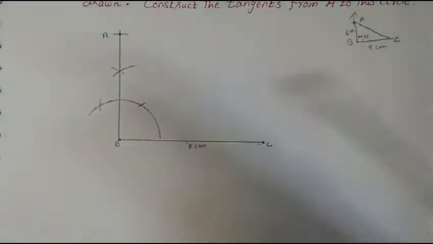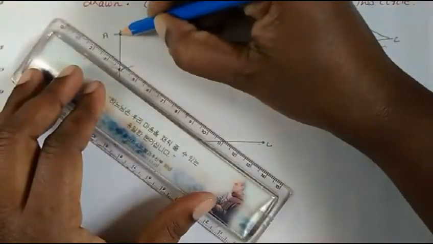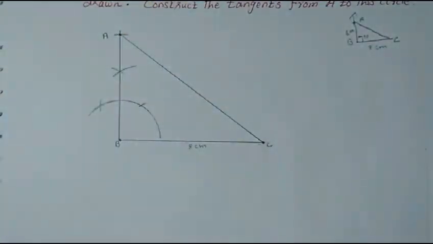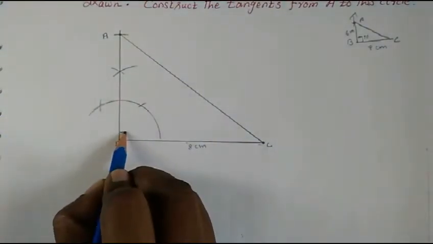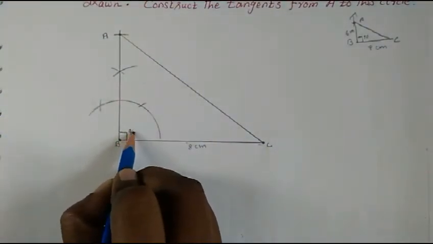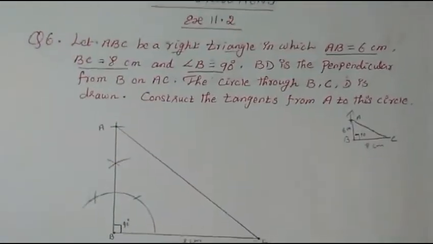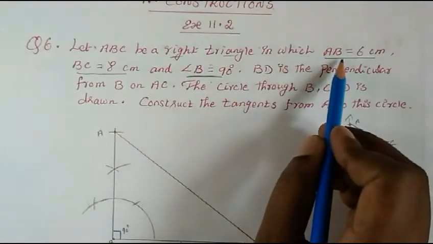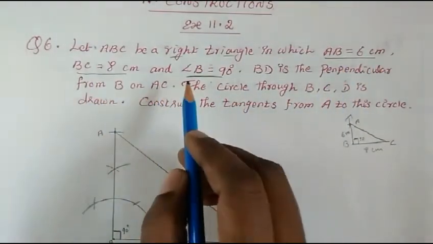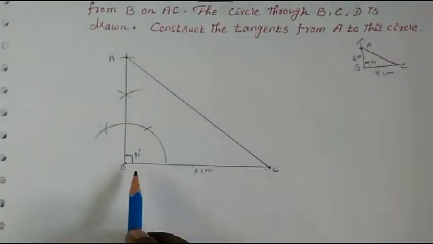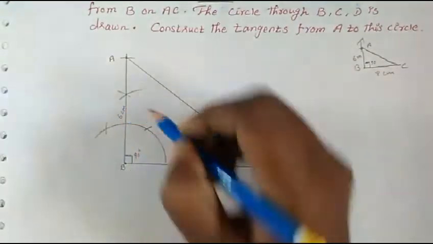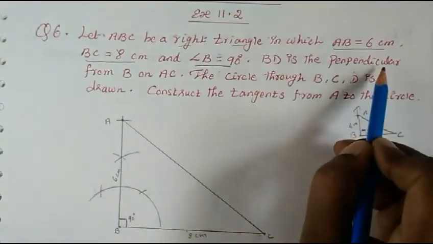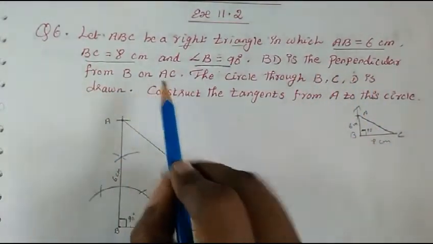Now join that with C. Okay, and this is the 90 degree we have constructed. The first part is over. ABC is a right triangle in which AB is 6 centimeter, BC is 8 centimeter and B is 90 degree. Now next, BD is the perpendicular from B on AC.